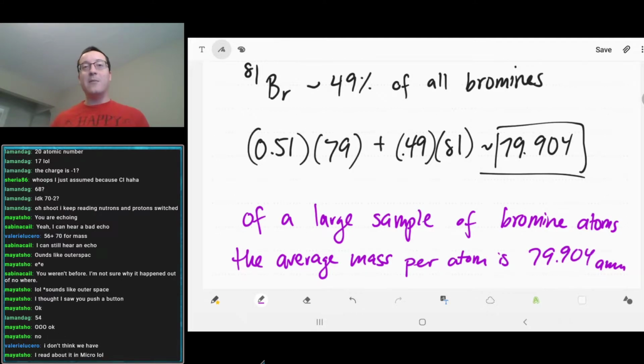While each atom in reality is not going to be 79.904, just the average, the statistical probability is that each atom will be, on average, 79.904 atomic mass units.